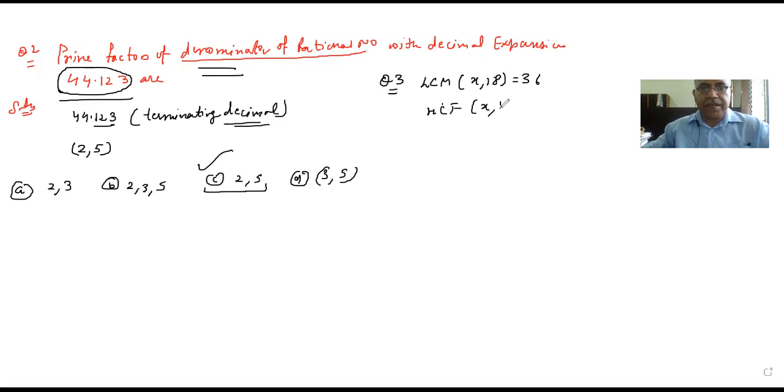HCF of x and 18 is equal to 2. You have to find the value of x. Options are 2, 3, 4, 5. These are the options. So मैं जिसको बोलूंगा वही आंसर देगा.